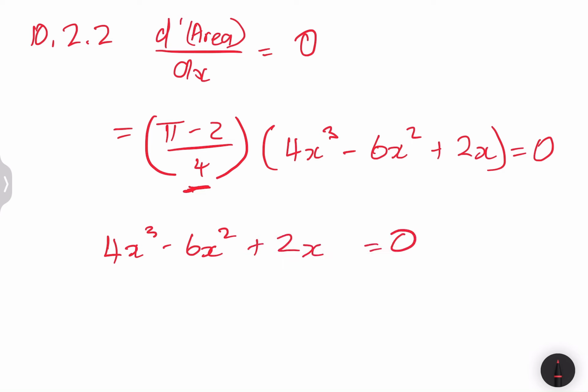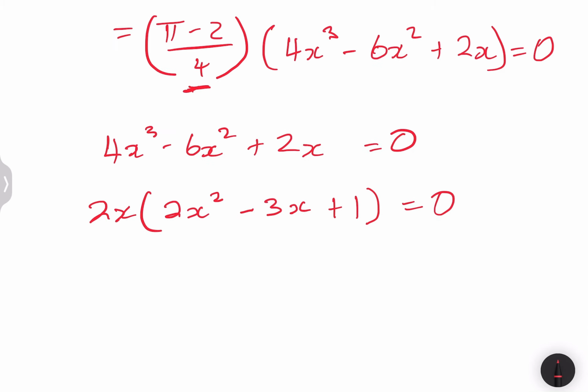Now, of course, we can try to solve this. Take out 2x as a common factor. All of them are divisible by 2x, so that will give me 2x squared, so we need to be careful there, minus 3x plus 1, and this is equal to 0.